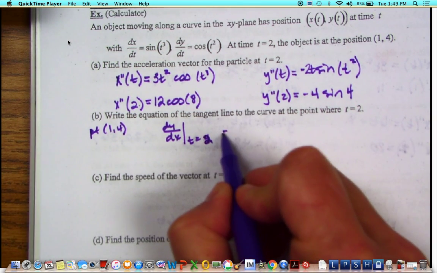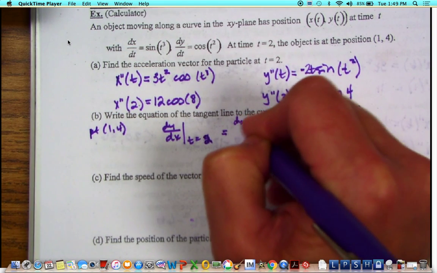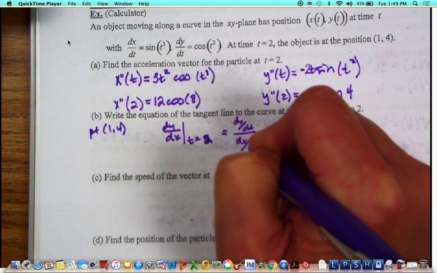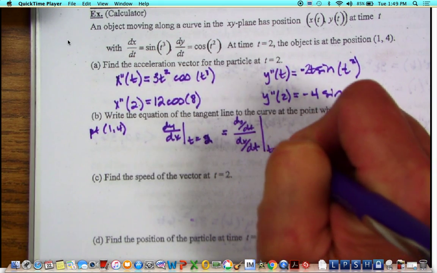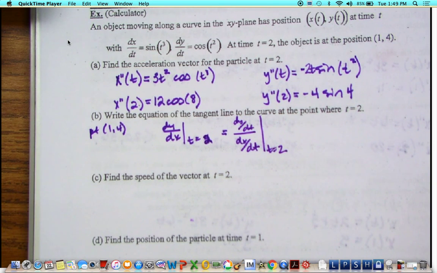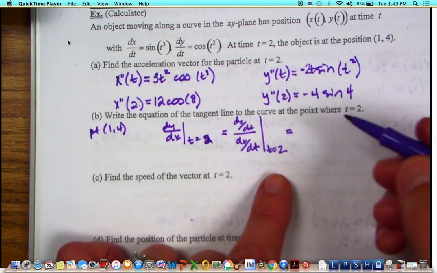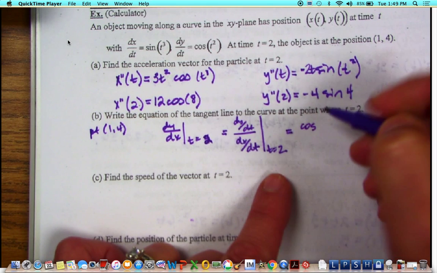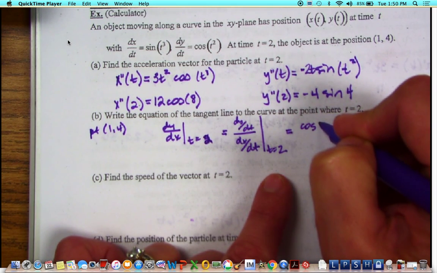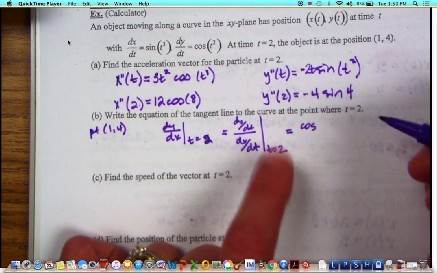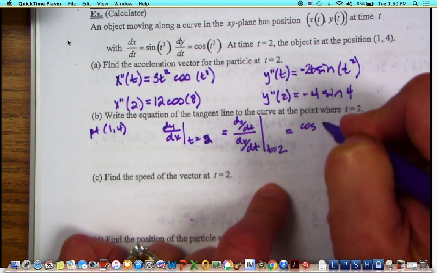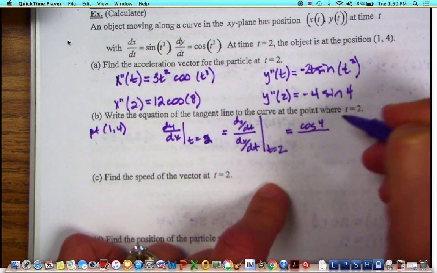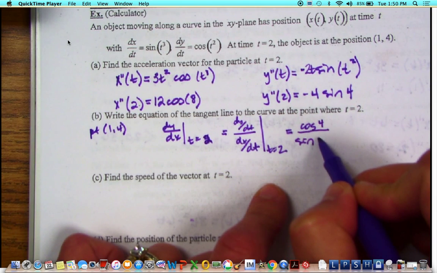So to get dy dx, I need to do dy dt over dx dt at t equals 2. Well, what were you given? Dy dt and dx dt. So you should get cosine of, okay, and we're at t equals 2, so cosine 4 over sine of 8.